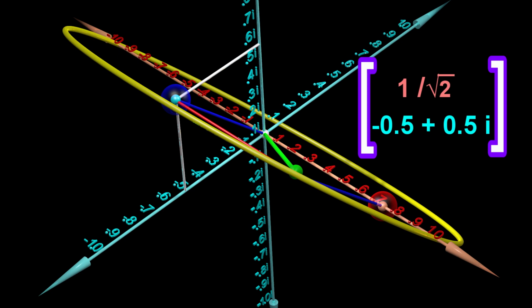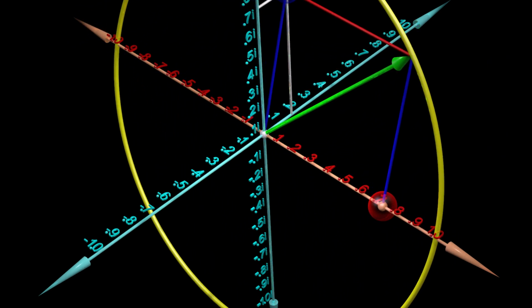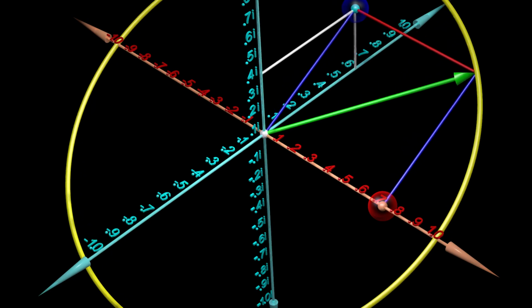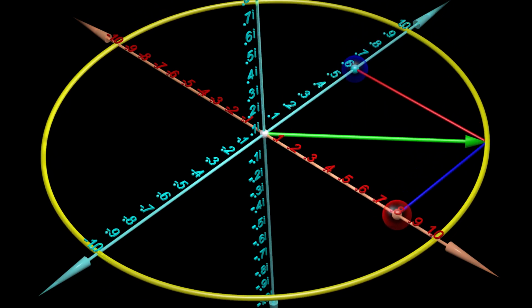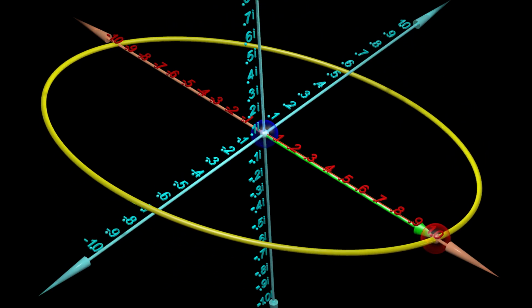In this first example, we only show cases where the imaginary component of the first coefficient is 0, because this animation is limited to only 3 spatial dimensions. The length of the blue line represents the magnitude of the second coefficient. The length of the red line represents the magnitude of the first coefficient.